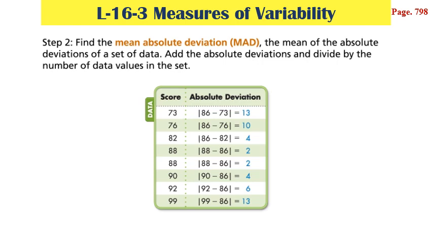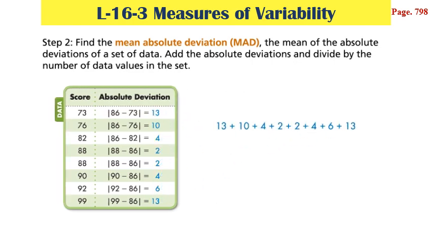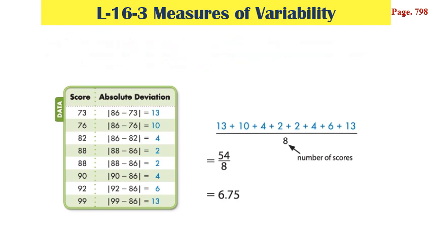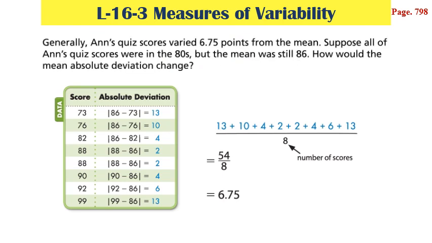Step 2. Find the mean absolute deviation, MAD, the mean of the absolute deviations of a set of data. Add the absolute deviations and divide by the number of data values in the set. Generally, Anne's quiz scores varied 6 75/100 points from the mean.